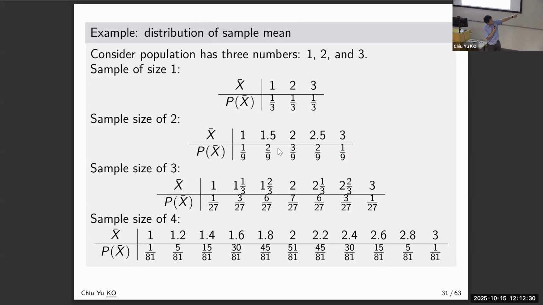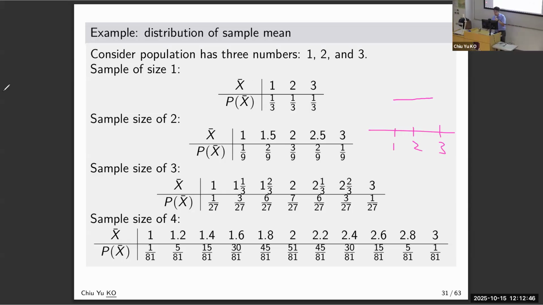So you can see 1, 2, 3 are equally likely. If you draw one sample, what you get is 1, 2, 3 here, right? So a sample of 1 looks like this, and 2 looks like this kind of style.